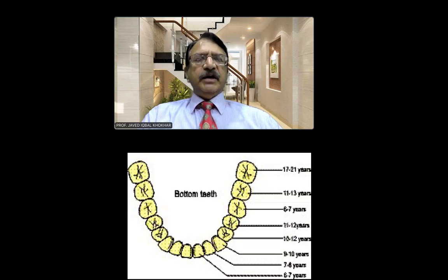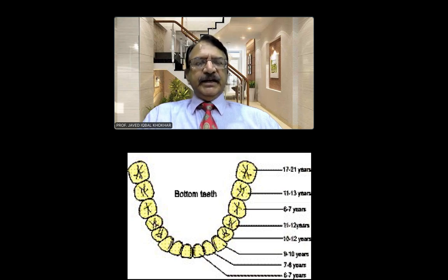Similarly, in the lower half, you can see the sets of teeth, the canines, the incisors, premolars and molars showing their age. So first tooth, permanent tooth, which appears in lower jaw, that is the first molar by 6 to 7 years.